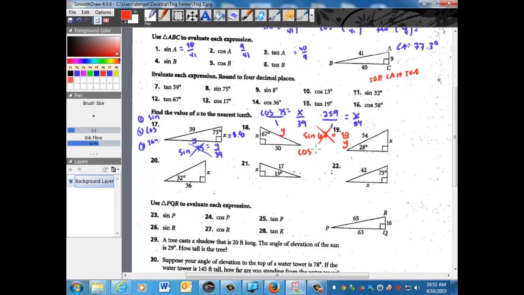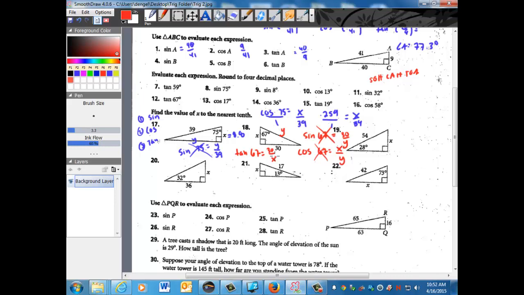Next, let's try cosine. Cosine of 67 is going to equal x over y. And we have two unknowns, so we won't be able to solve for x, so cosine won't work as well. So that leaves us with tangent. I take tangent 67 equals opposite 30 over adjacent, which is x, and this time that will work.